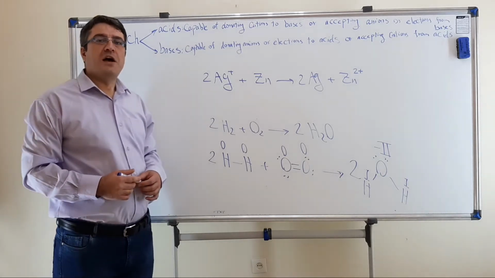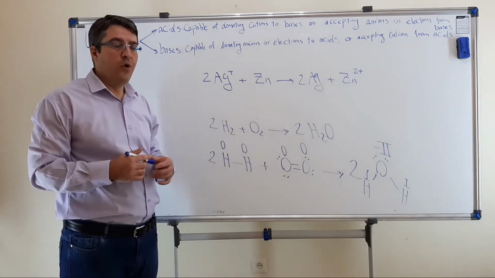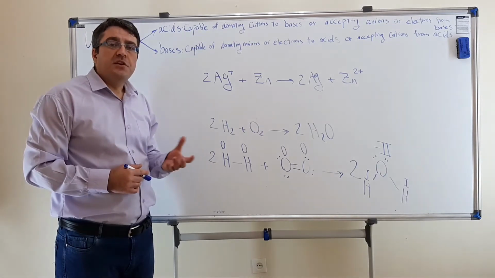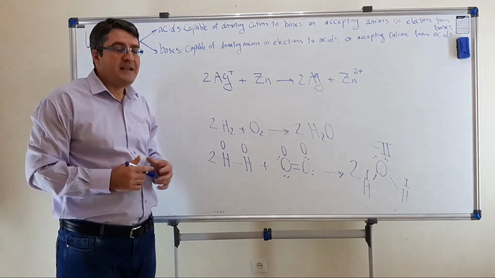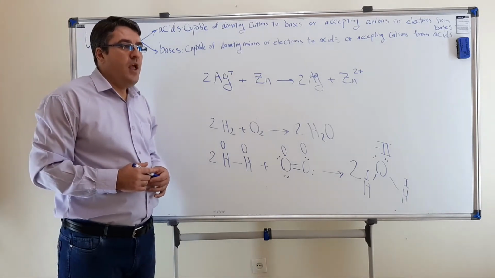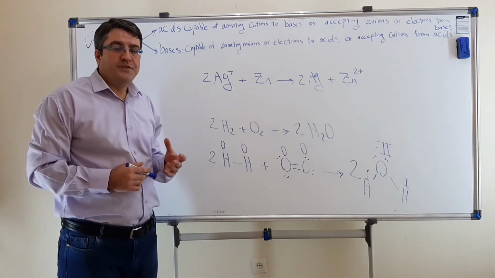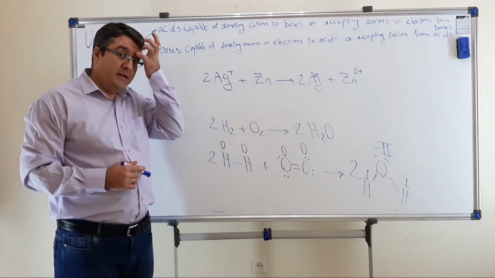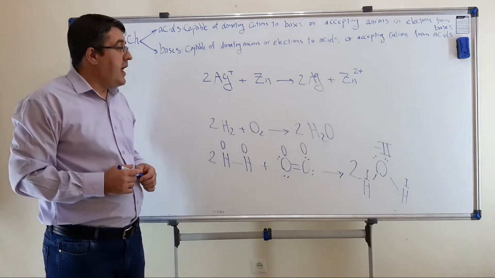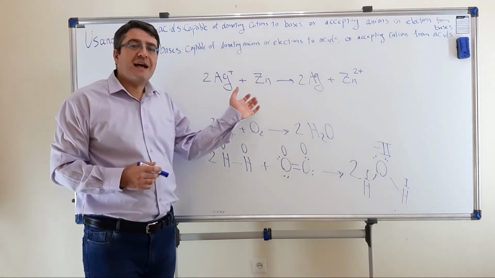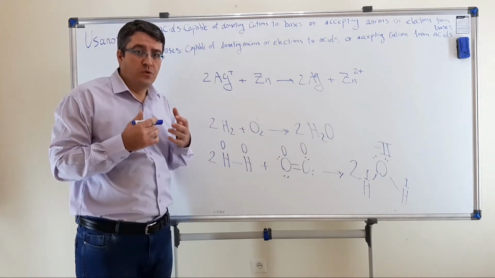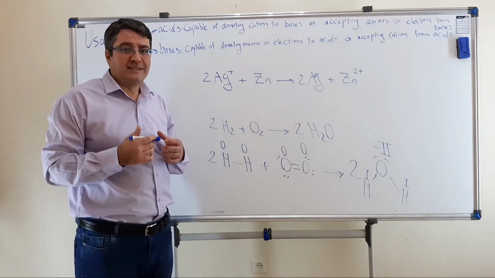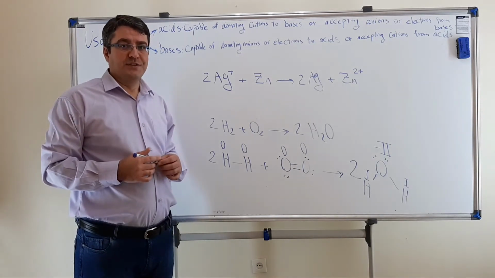We see that Usanovich acid-base theory is very broad, and it includes many chemical reactions as acid-base reactions. Some criticize Usanovich acid-base theory because of this. They state that Usanovich acid-base theory is so broad that it almost includes all chemical reactions.